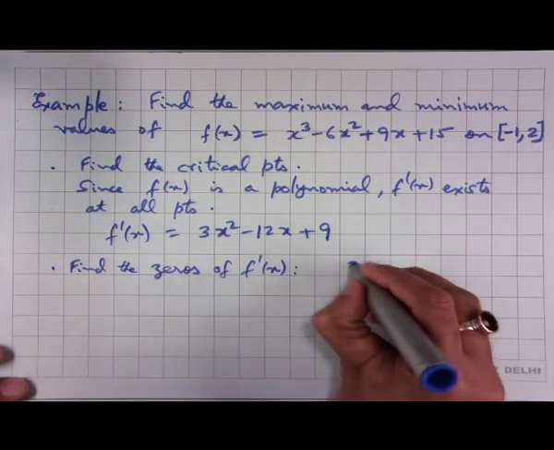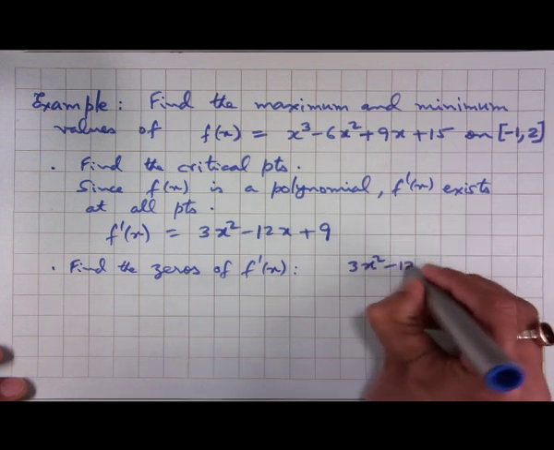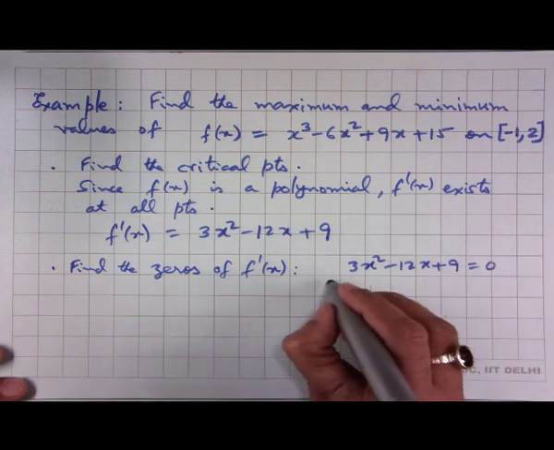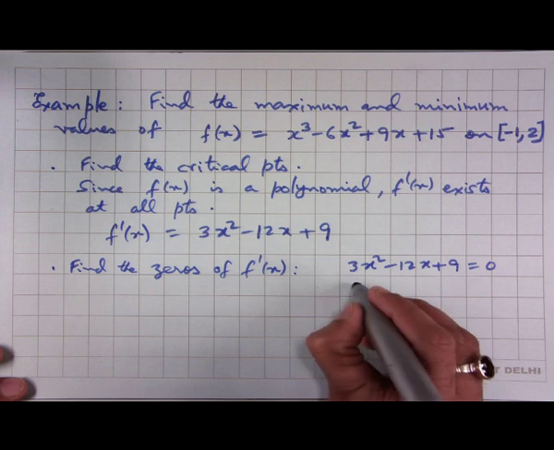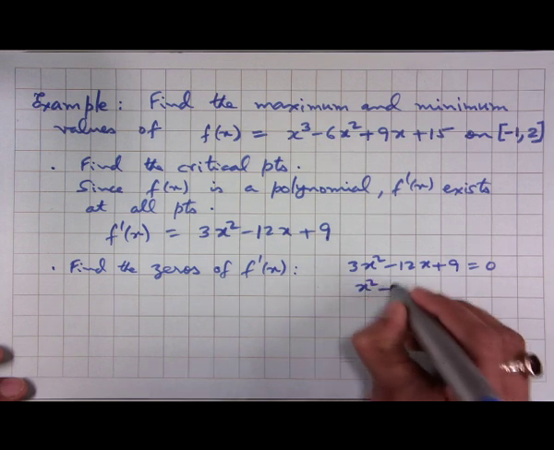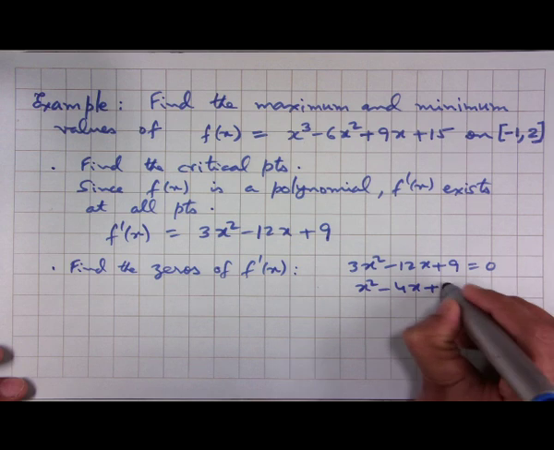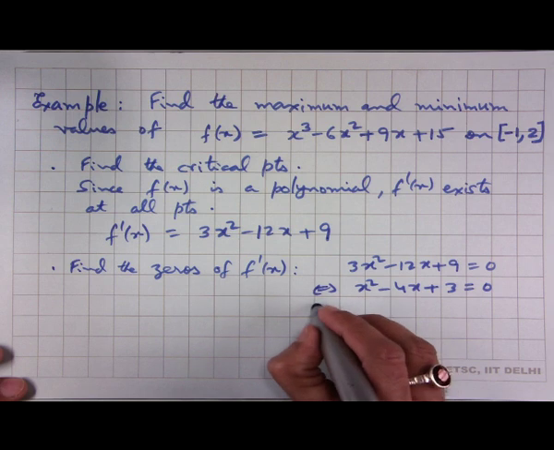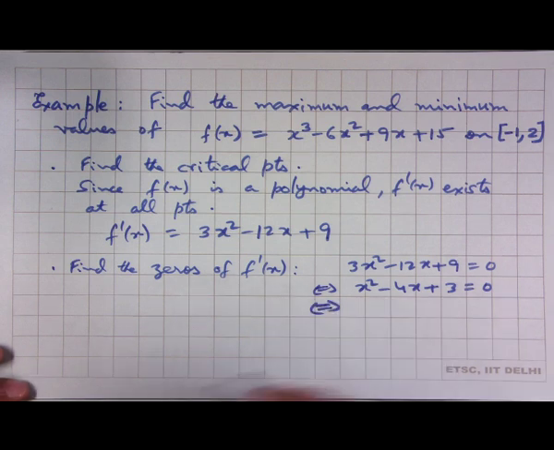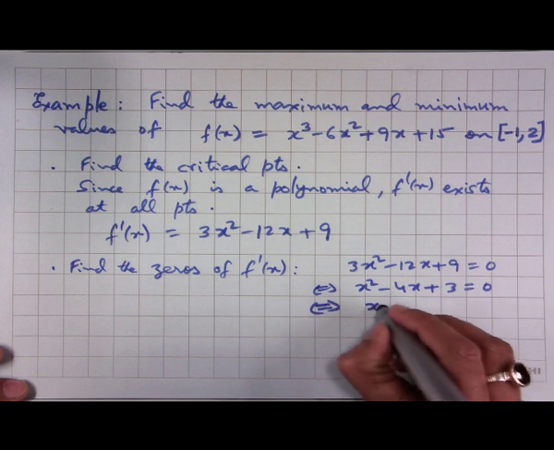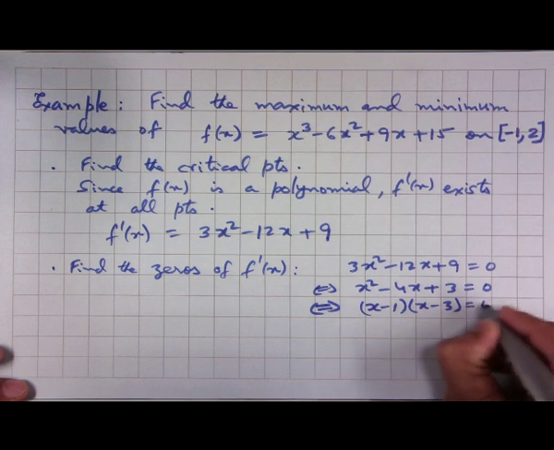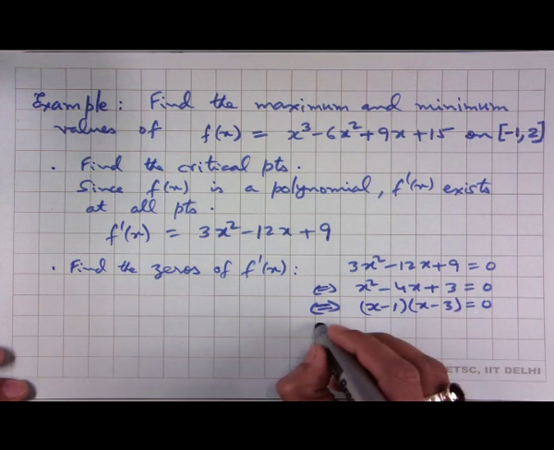So, we equate 3 x square minus 12 x plus 9 equal to 0, that is x square minus 4 x plus 3 equal to 0, and this gives us x minus 1 times x minus 3 equal to 0.